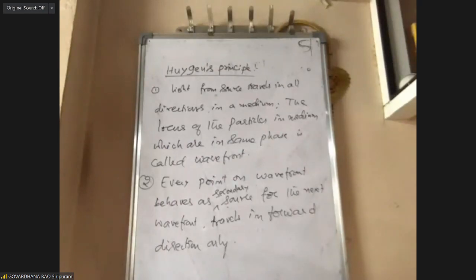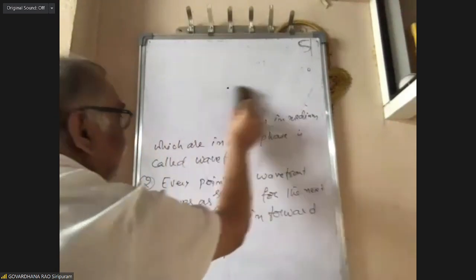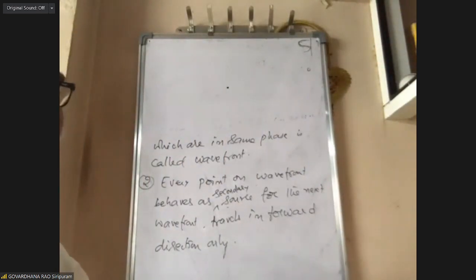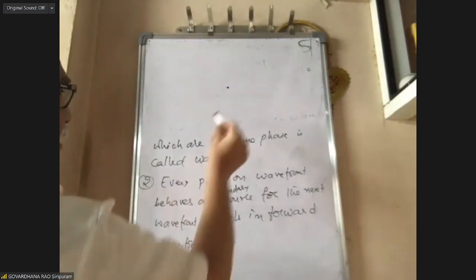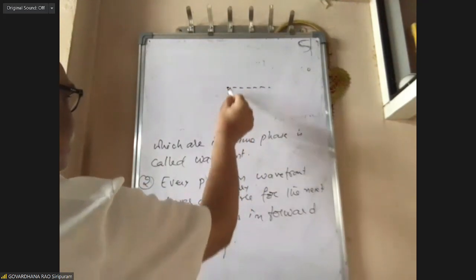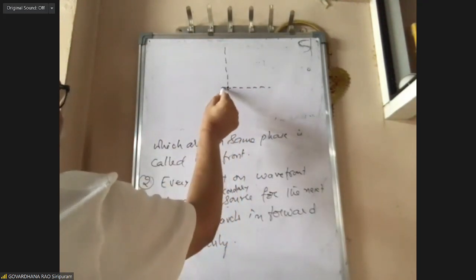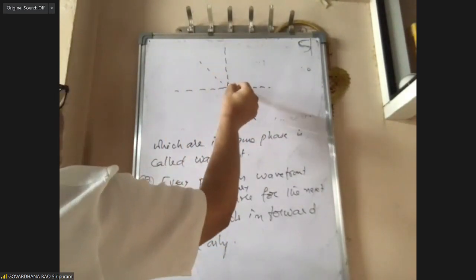I'll explain here. Let us consider a point source. From the point source, light travels in all directions with the same speed.